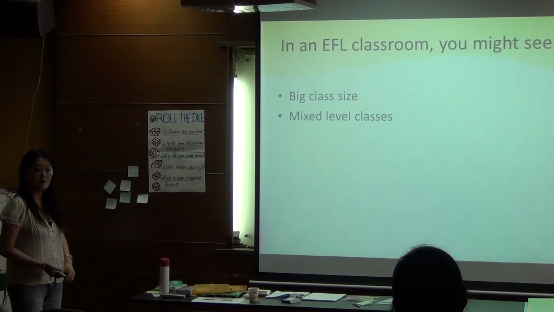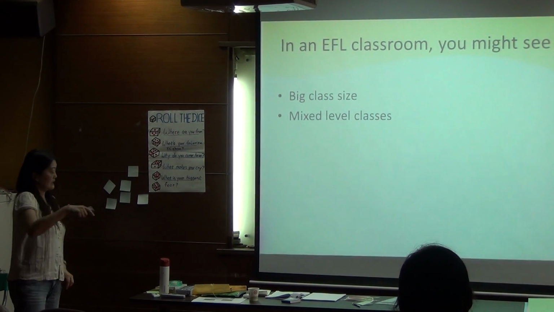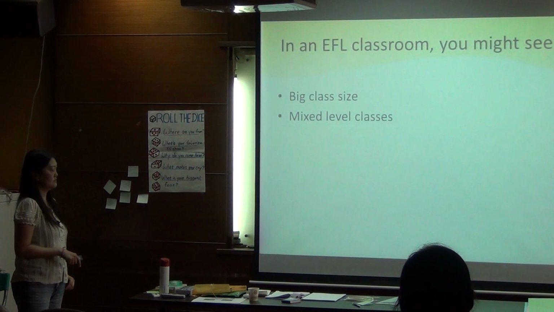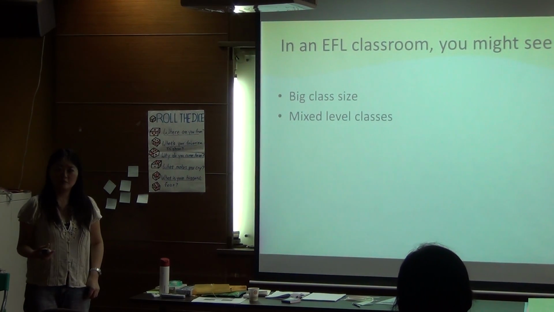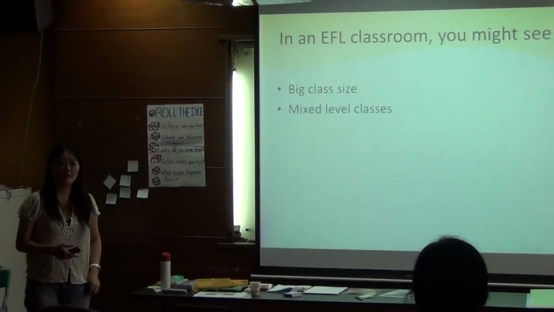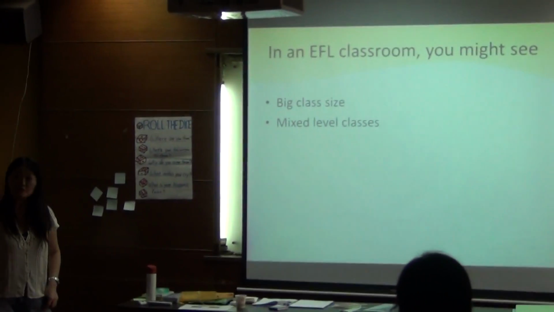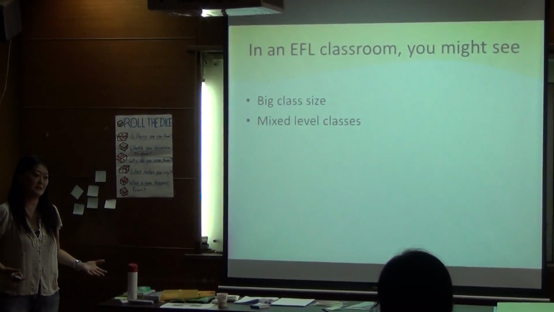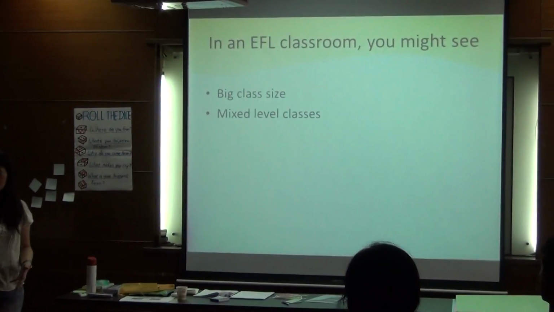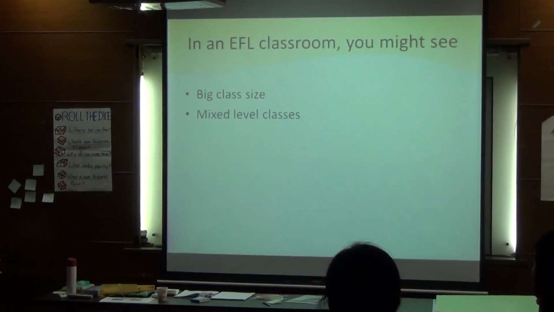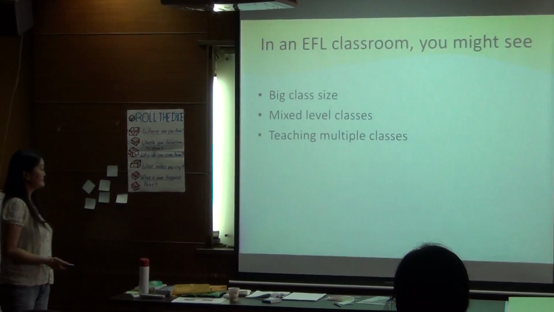And there will be a wide range of levels within a class, because a lot of people start learning English at a quite young age, and there are also a lot of people who don't start their English class until elementary school. So you can see there are quite a lot of different levels in one class.